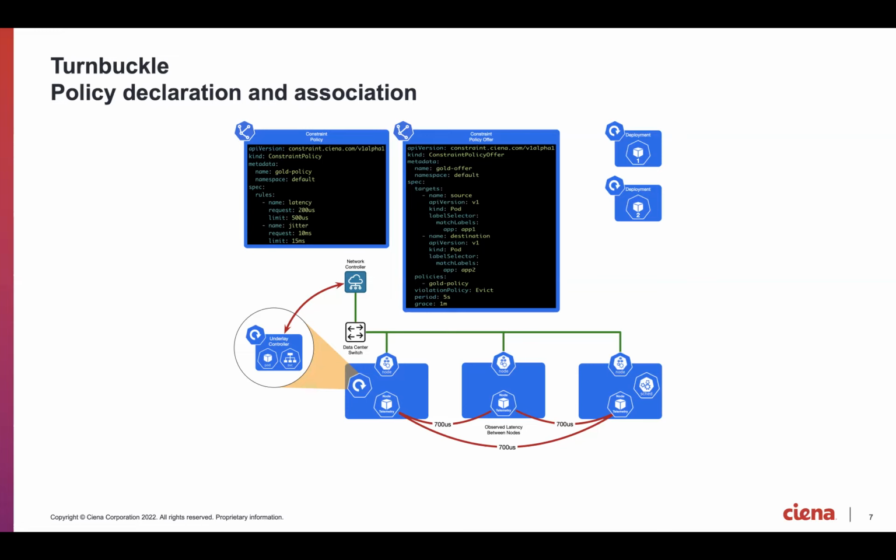Once that service is looked up, the rule evaluator is called with the parameters: the targets, as well as the request and limit. It's up to that rule provider to determine if the rule is compliant, at limit, which means it's within constraints but not at the request, or violated.